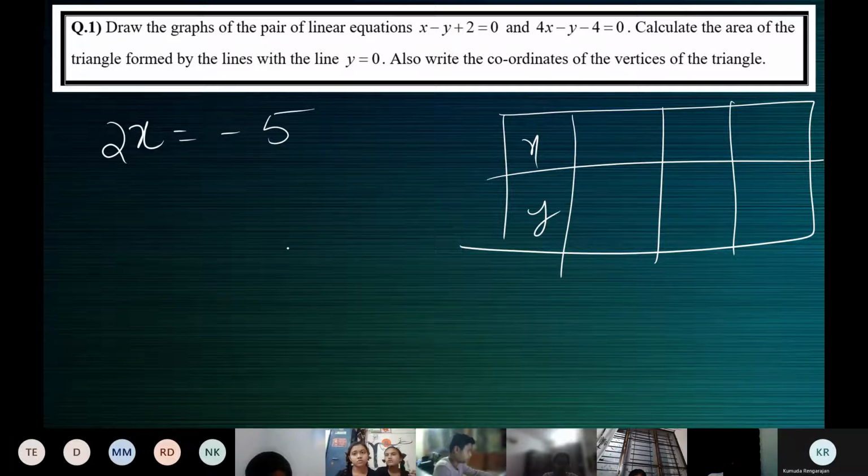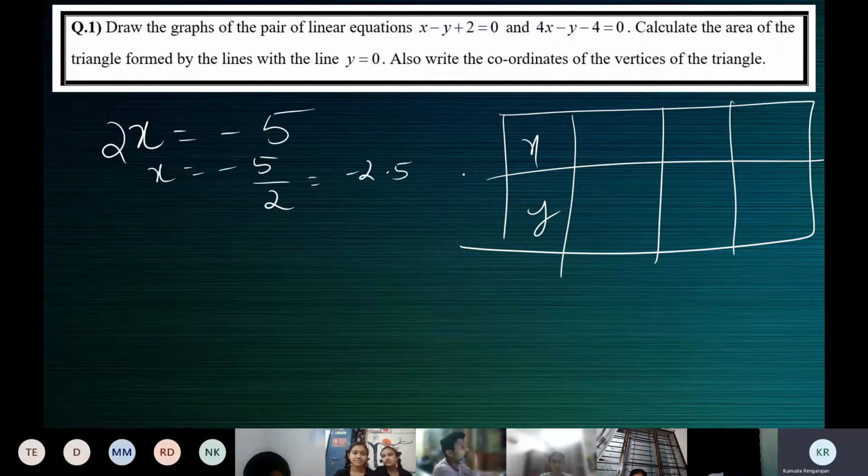X is equal to -5/2, or -2.5, correct. So, please fill the table. For any value of y, x will be -2.5. For any value of y, x is always -2.5.